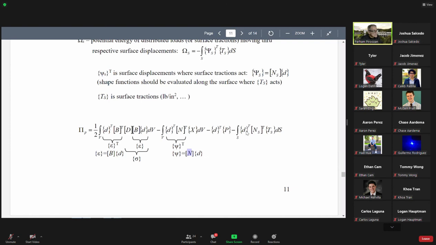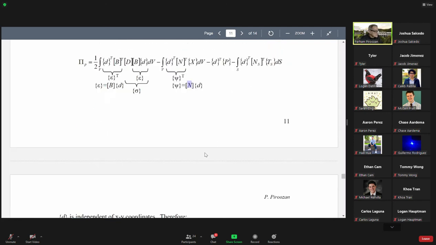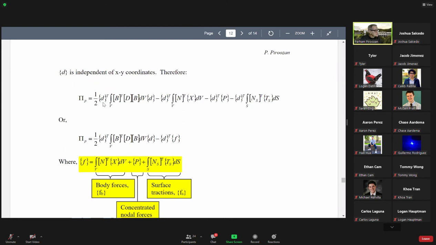These are displacements. Take them out of this integral sign. They are not functions of X or Y. So these are just nodal displacements. Take them out. D transpose came out of this. This is already D transpose out. This is D transpose, we brought it out.